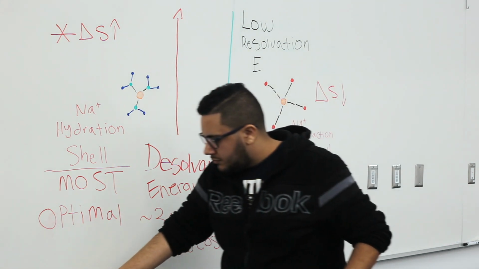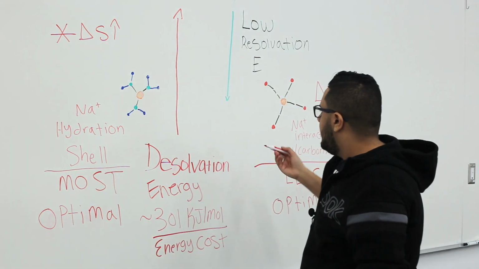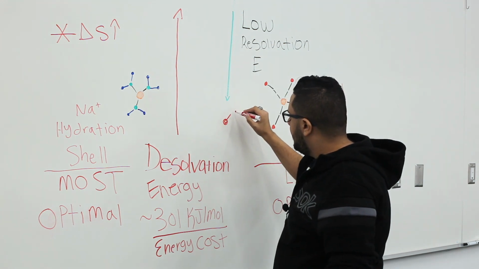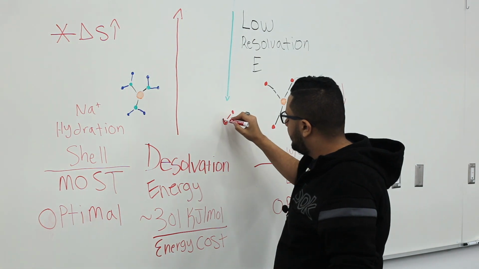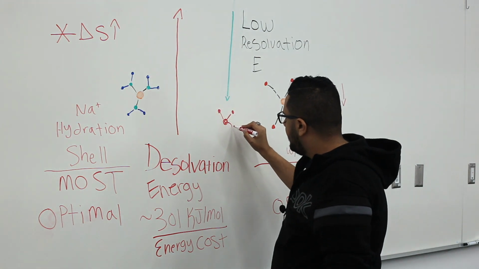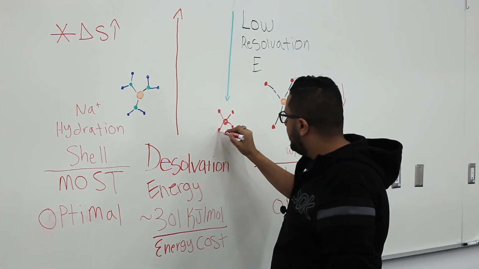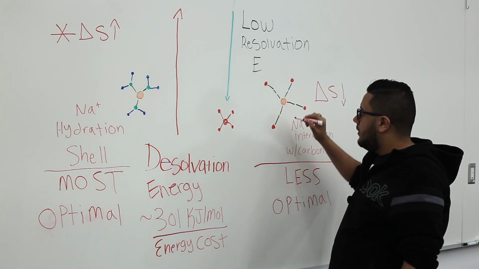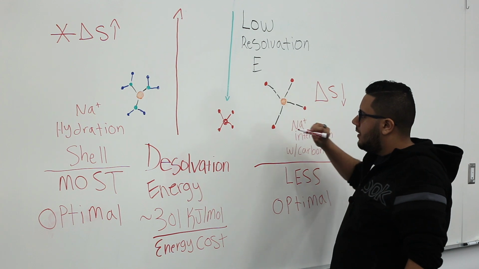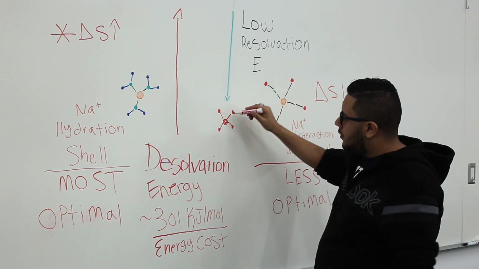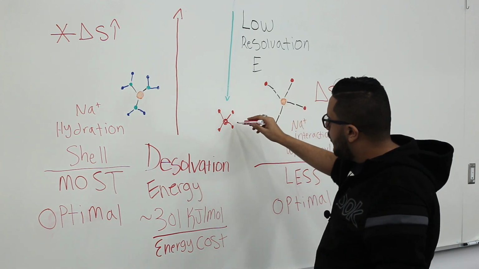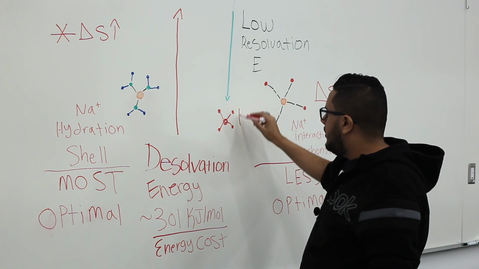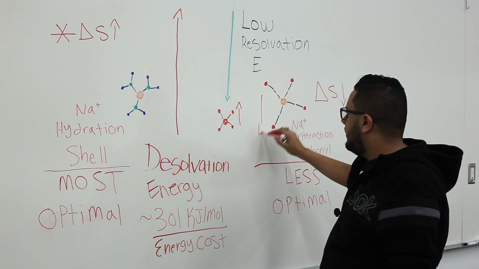So if we were to look at potassium, for example, the distance between potassium and the oxygens of the carbonyls will be shorter than the distance between sodium and the carbonyls. This means that the energy needed to break the interactions between the carbonyl and potassium will be much higher than these.